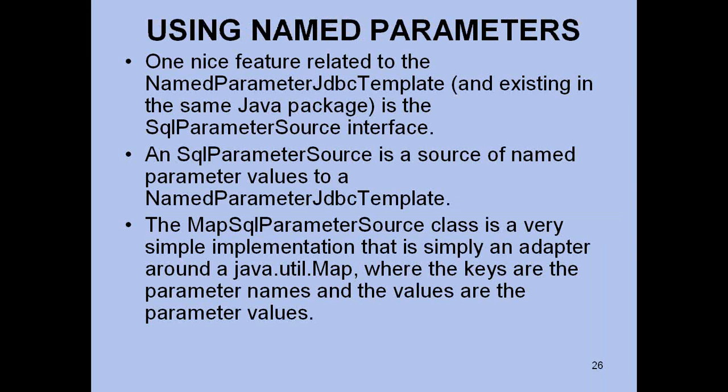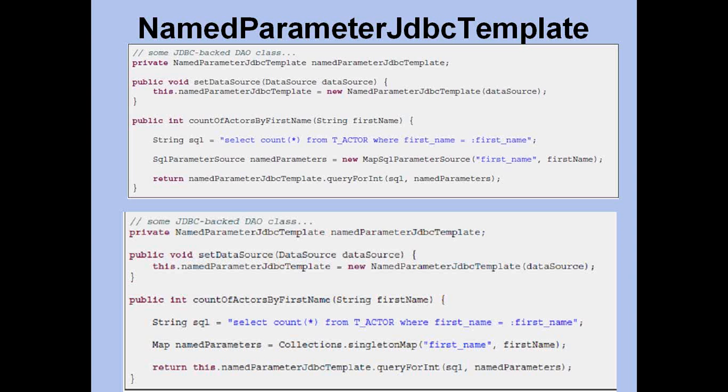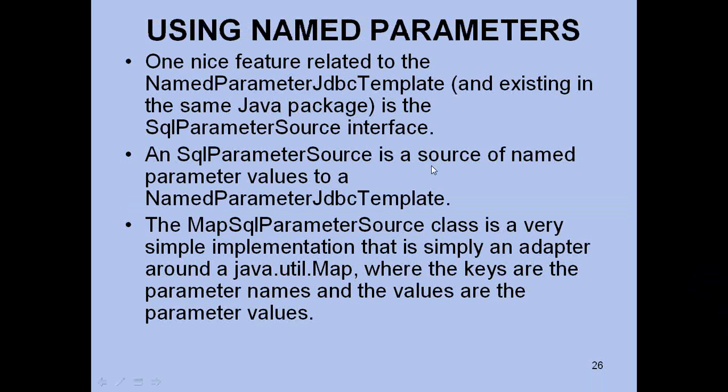So one nice feature related to the named parameter JDBC template is the SqlParameterSource interface, whose implementation class is MapSqlParameterSource. SqlParameterSource is a source of named value pairs for a named parameter JDBC template. The MapSqlParameterSource class, which is an implementation of SqlParameterSource, is a very simple implementation that is an adapter around a java.util.Map.